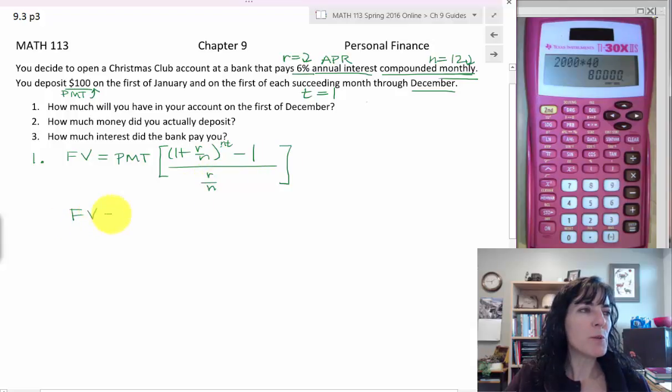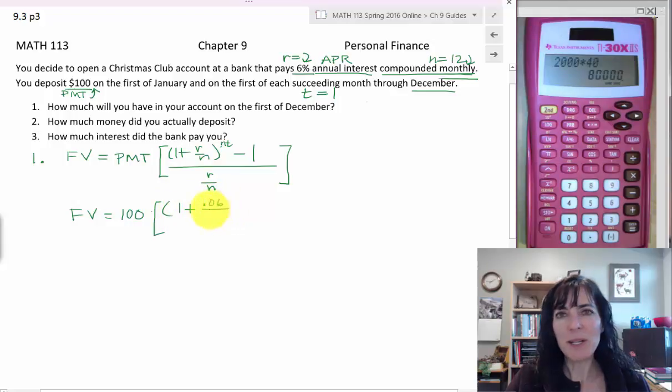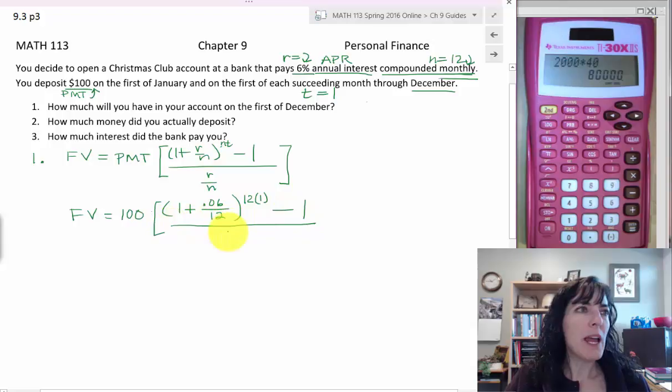So future value is what I'm trying to find, $100 is the payment amount from up above. We wrote that. And then we have 1 plus my R, which is 0.06 from 6%, over 12 for monthly. And that'll be to the 12 times 1 for 1 year for the T equals 1. Subtract off the 1, and then it's going to be over 0.06 over 12 again.